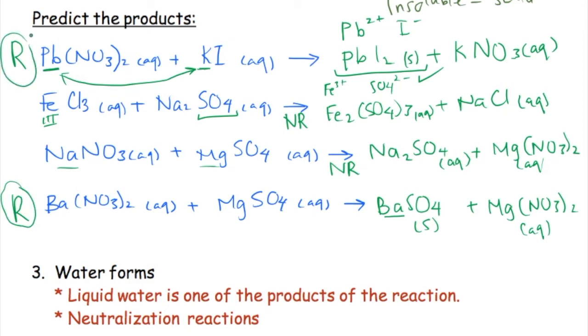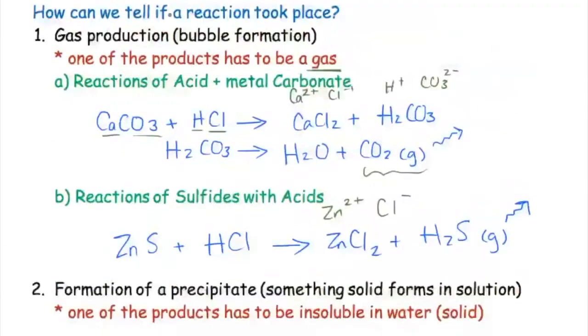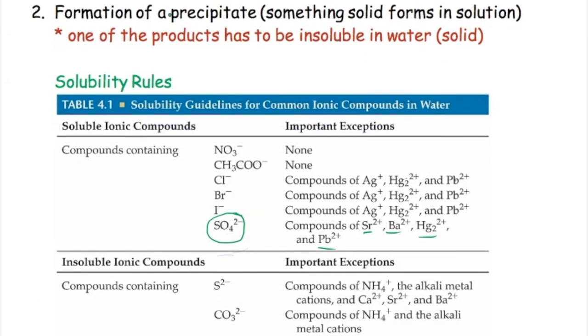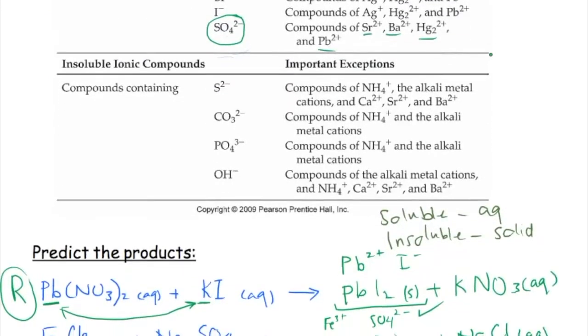So, just to recap, how can we tell if a reaction took place? The first sign is the formation of a gas, which is bubbles in solution. The second sign is the formation of a precipitate, something that falls out, that's a solid that just falls to the bottom of the beaker.